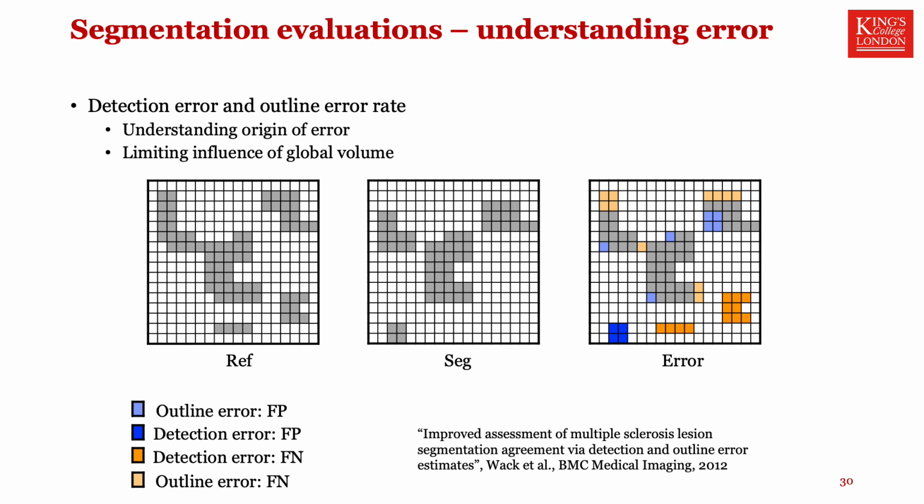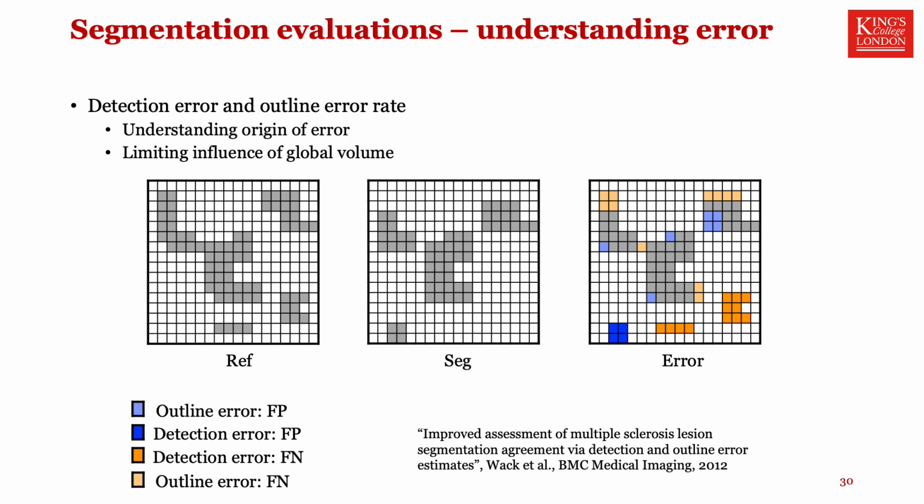So there is at least one voxel of overlap between the reference and the segmentation for a given connected component, but there are errors for each, and that's the outline error. On the other hand, detection error is basically when you detect a full connected component that actually doesn't exist in the contours, or inversely, there is a full connected component in the contours that is not detected in the segmentation.